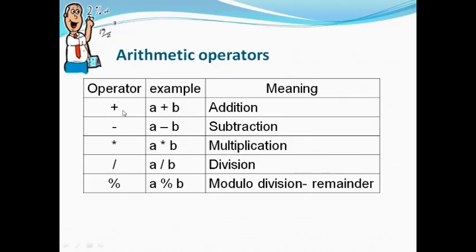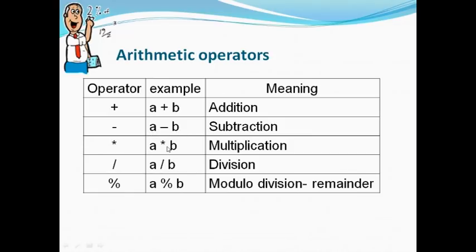There are 5 arithmetic operators: plus, minus, star, slash and modulo. If we take 2 variables A and B, an example for plus is A plus B, which we call addition. Minus operator, example is A minus B, which we call subtraction.